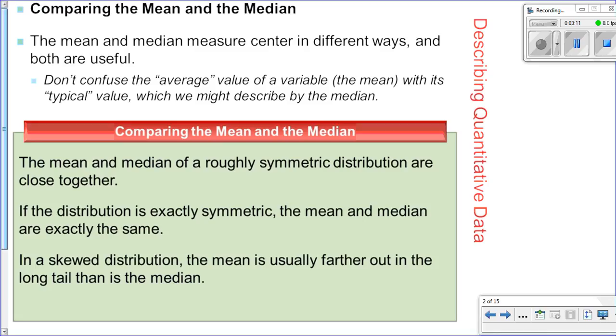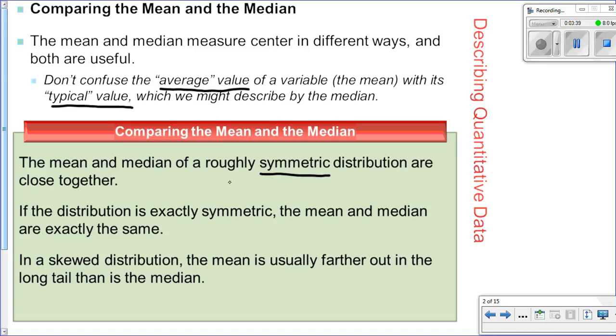The next thing, when we're comparing mean and median, is that you don't want to confuse the terms. A mean is your average value, whereas the median is our typical value. So when we're describing these, don't say that the average is a typical value. That is definitely how we would describe the median. If you have a symmetric distribution, then the mean and the median are close together.